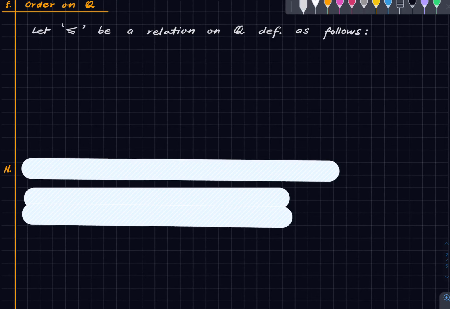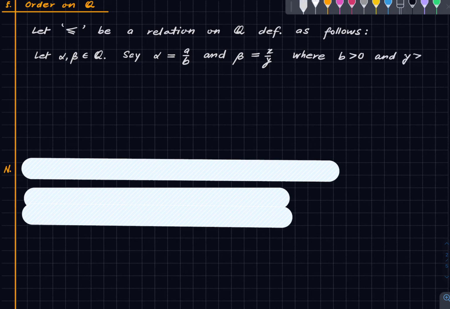Let alpha and beta be in Q. Say alpha is equal to A by B and beta is equal to X by Y, where B is positive and Y is positive. As we just recalled, one can always express any rational number in this fashion, meaning where the denominator is positive. And of course, A, B, X, Y are integers.